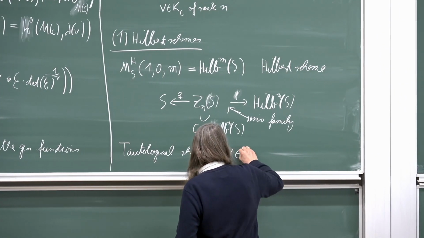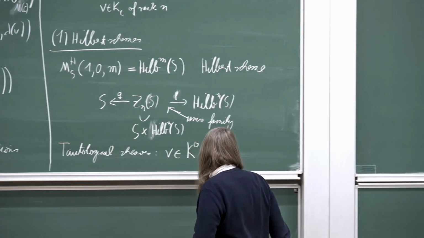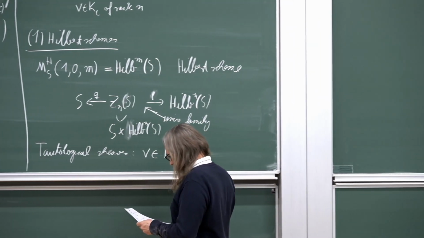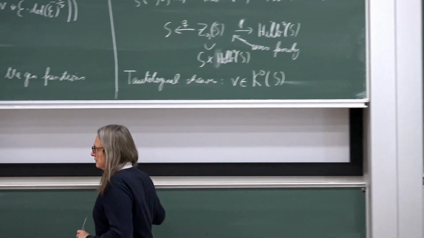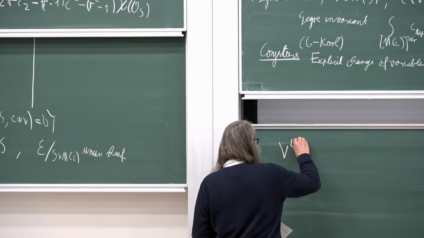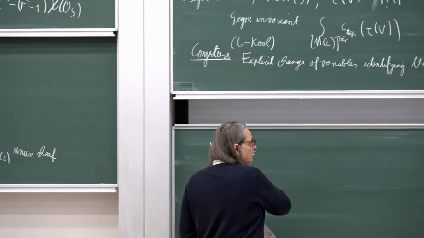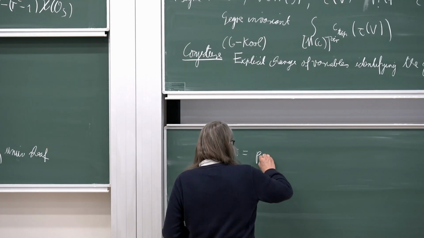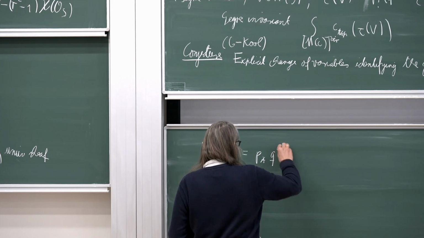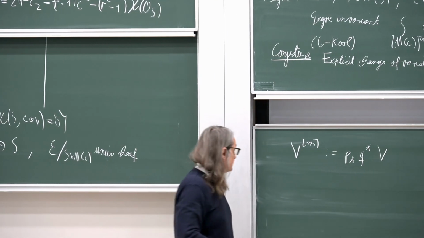So if v is a class in the Grothendieck group of vector bundles on S, we have the corresponding tautological sheaf. So we have d_m, which is equal to p plus star p, which is now the vector bundle on the Hilbert scheme.